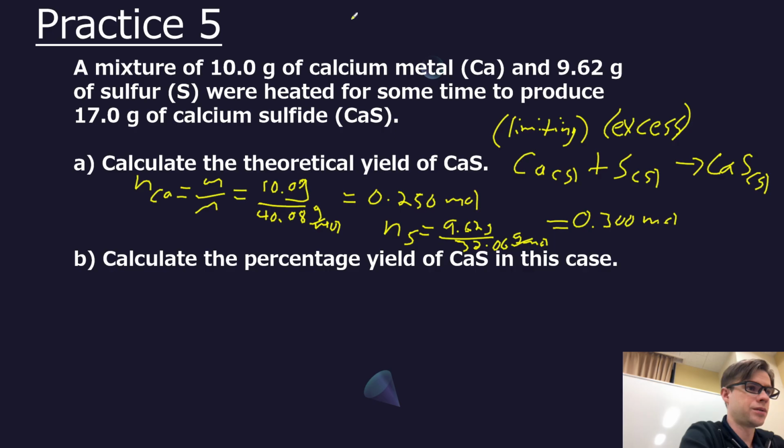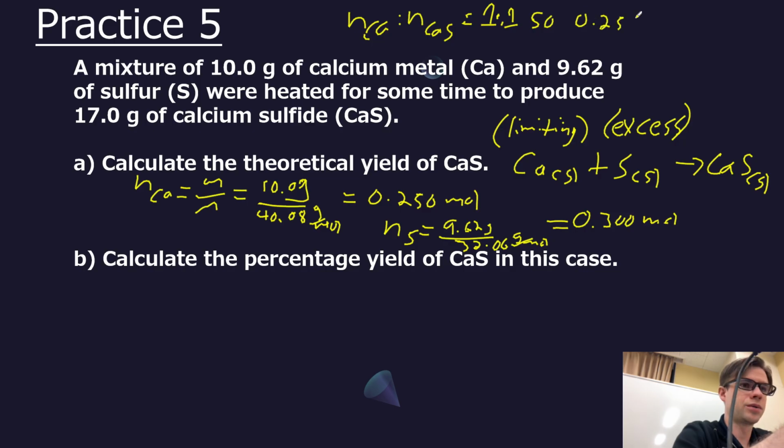So the ratio of calcium moles to calcium sulfide, our desired product, is 1 to 1. So we can also make 0.250 mole.